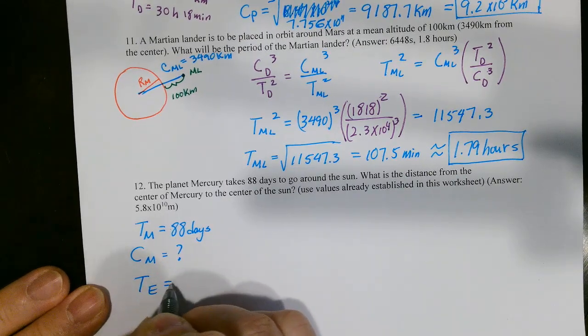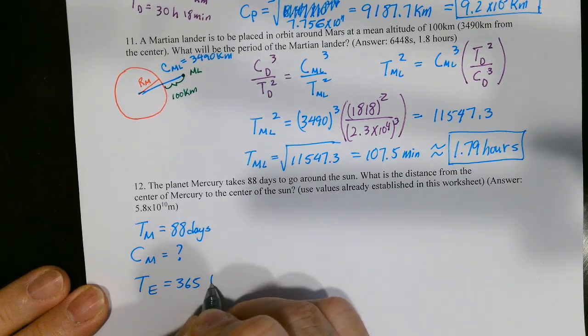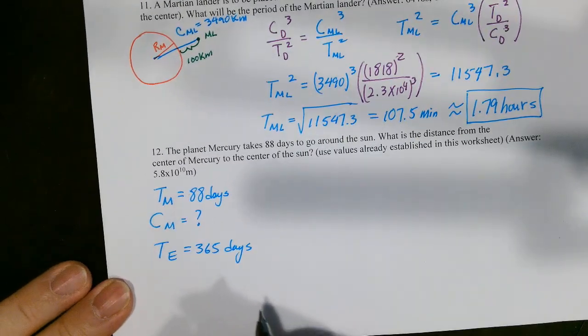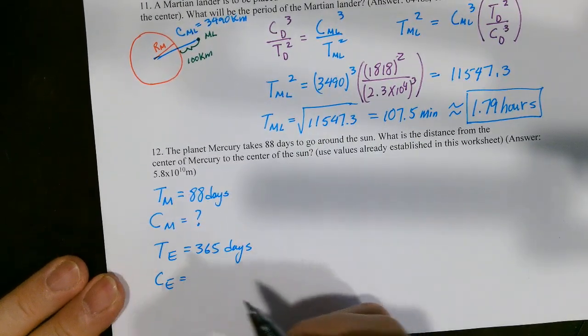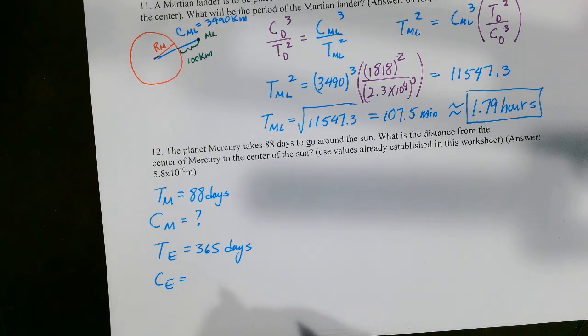The T Earth is 365 days, right? We know that. C Earth, I think you could just Google it actually, right?